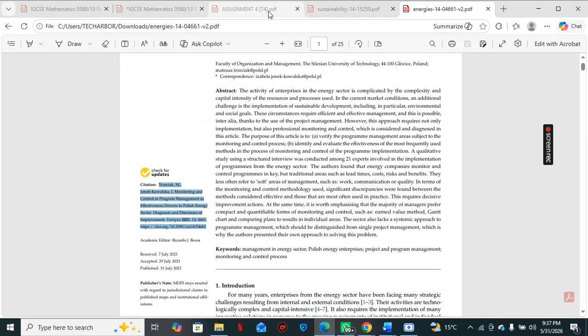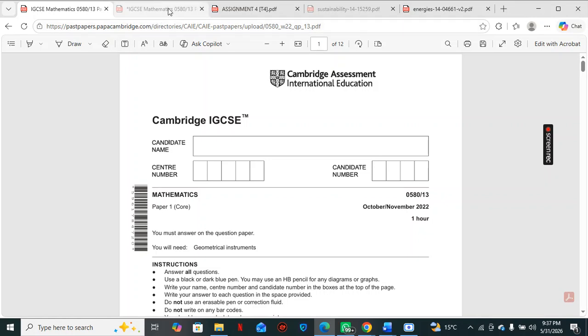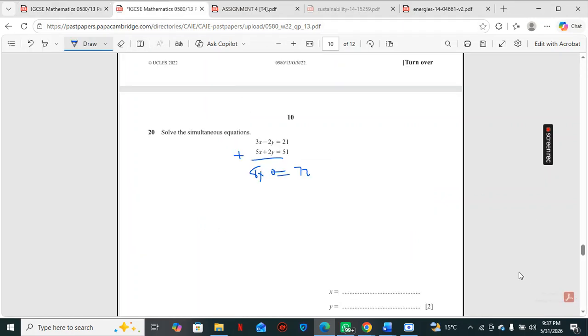If you plot this marginal, let me just find where I can draw this graph here. If you plot the marginal revenue product and the output, you're also going to get a downward sloping curve like this, which is similar to the demand curve.